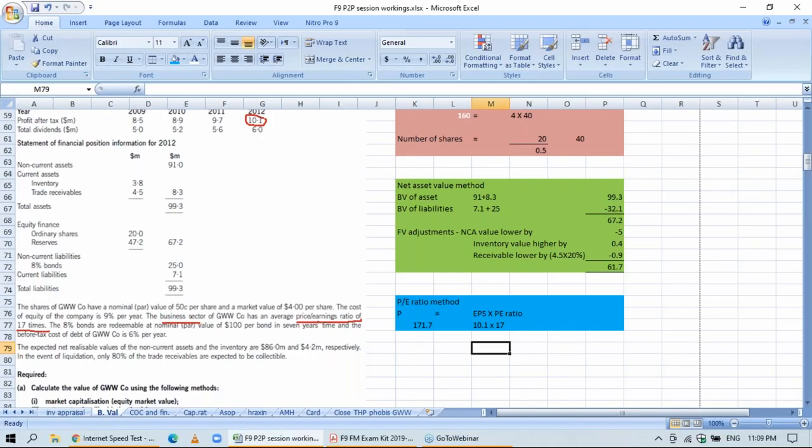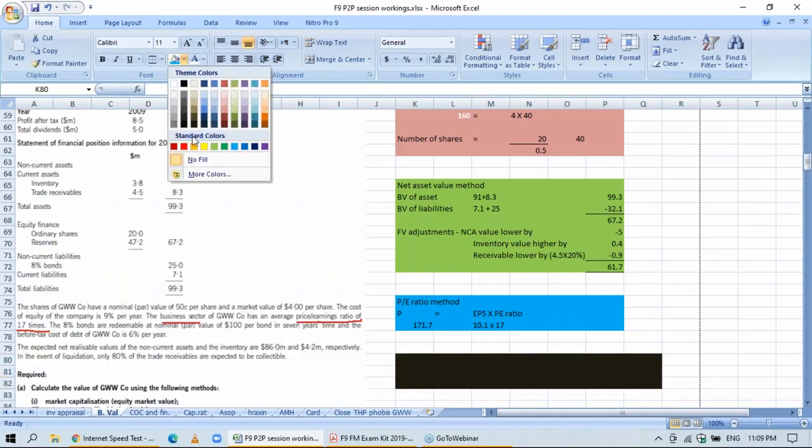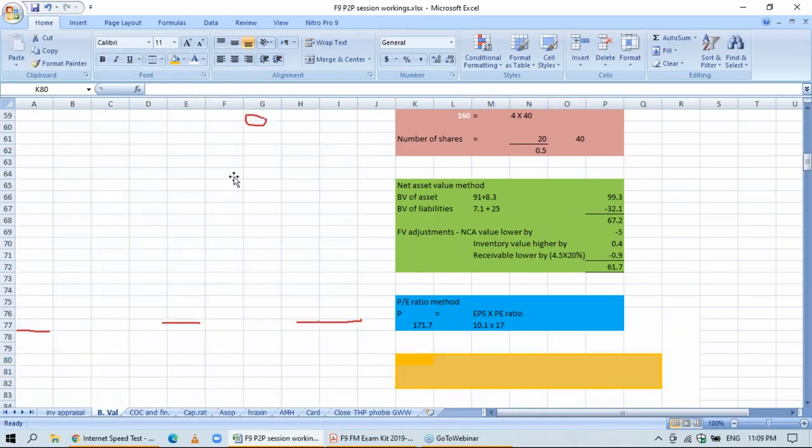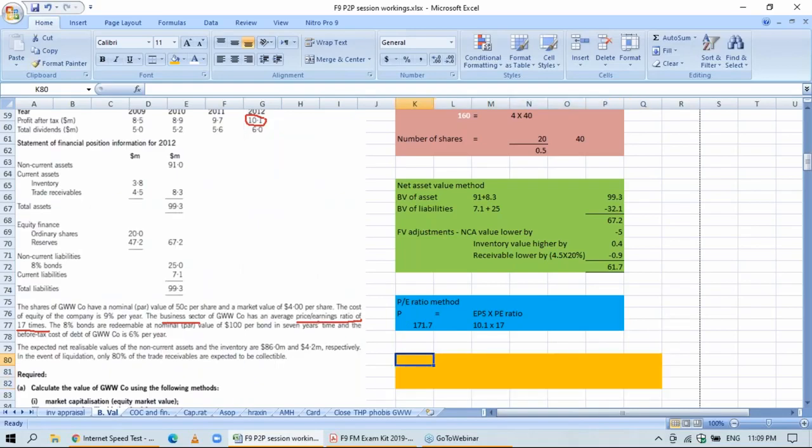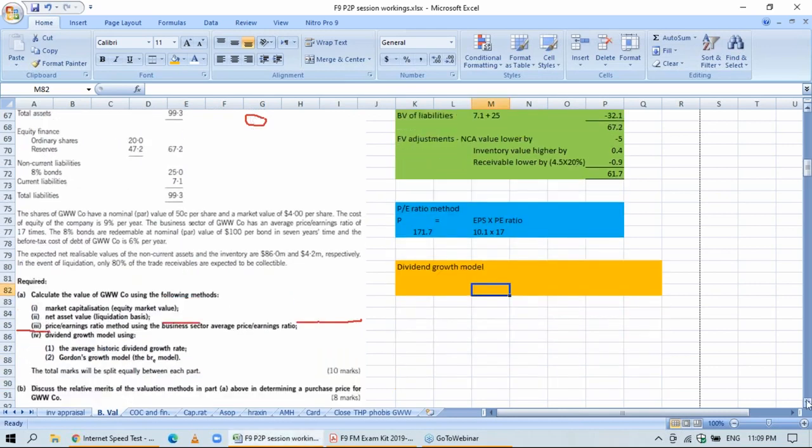To the next method of the question. This is the dividend growth model using the historic growth rate. So let's do the dividend growth model, using the historic growth rate.